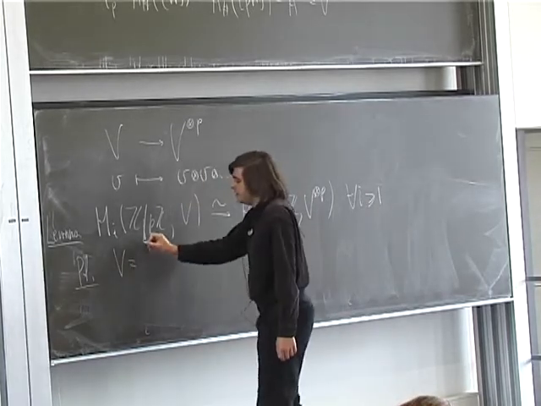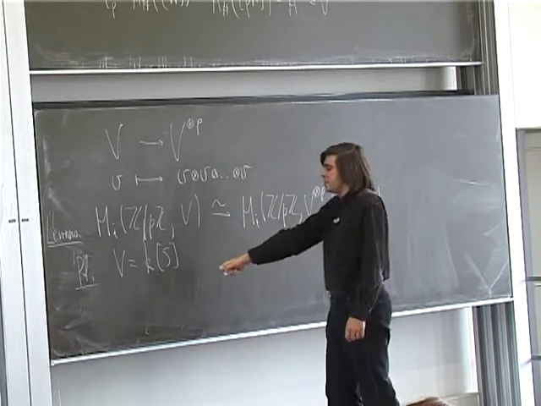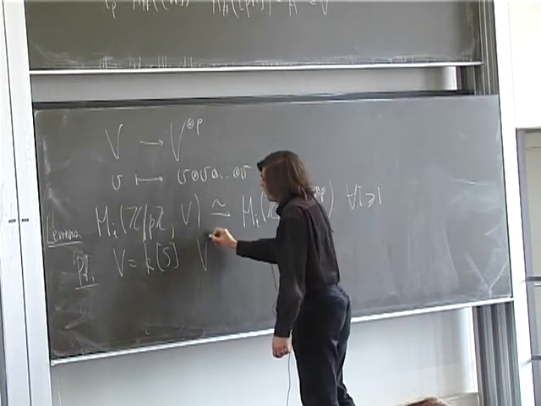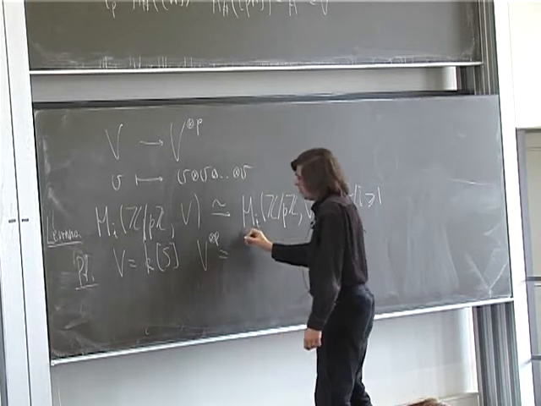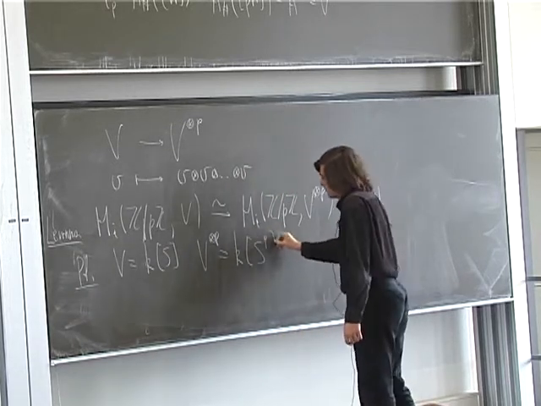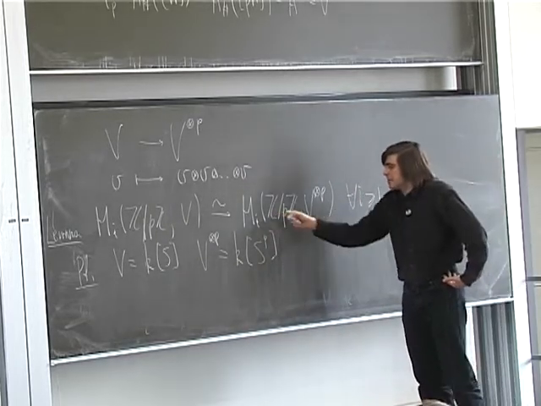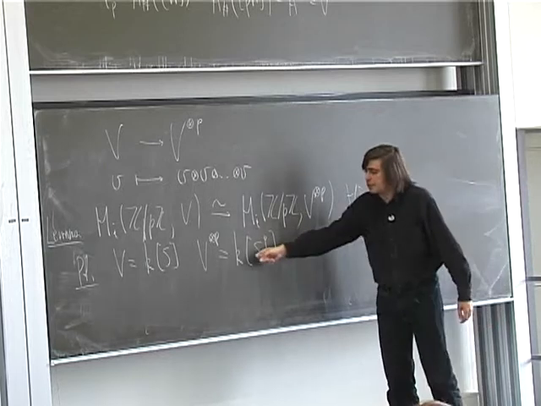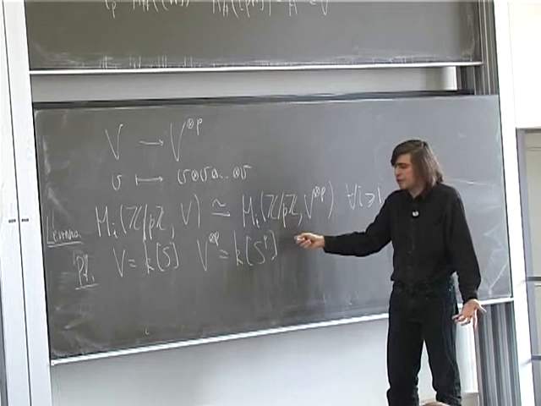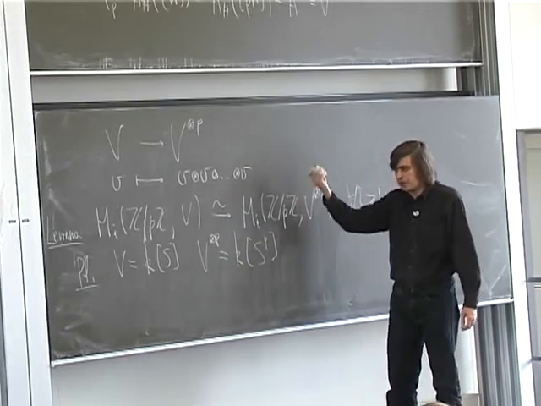So let's think that V is just the vector space of functions on some finite set S. Then this pth tensor power is the set of functions on the pth power of S. And the cyclic group acts through its action on S^p. And now, since this is a cyclic group of a prime order, there are only two types of orbits which we have here. There are fixed points, and there are the free orbits.